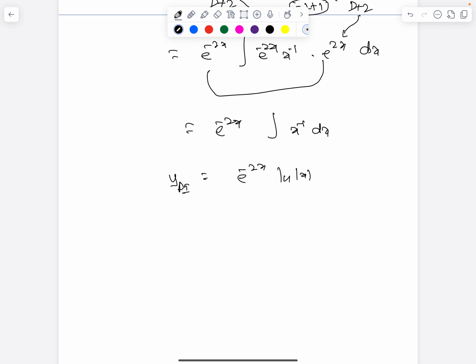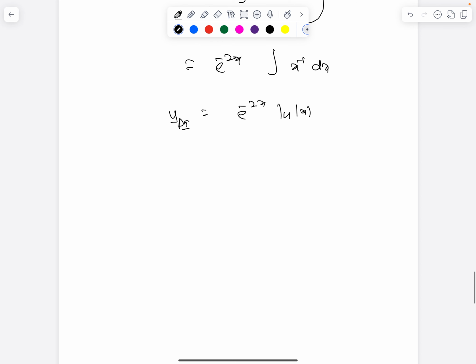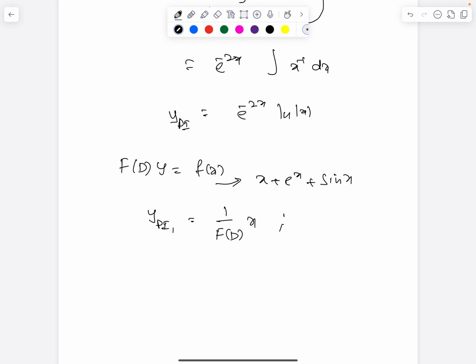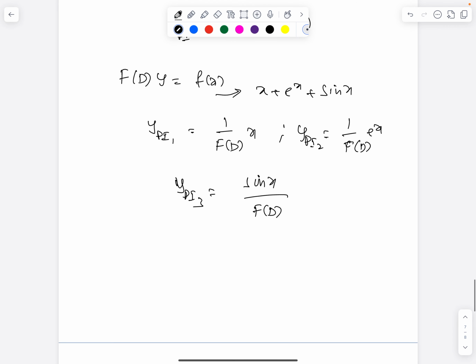There are many steps involved, and suppose you have a scenario where F of D into y is equal to f of x, but this f of x involves several functions. Then you can take ypi1 as 1 by F of D into x, ypi2 as 1 by F of D into e power x, and ypi3 as sin x divided by F of D. You can sum all these solutions at the end: ypi is equal to ypi1 plus ypi2 plus ypi3.